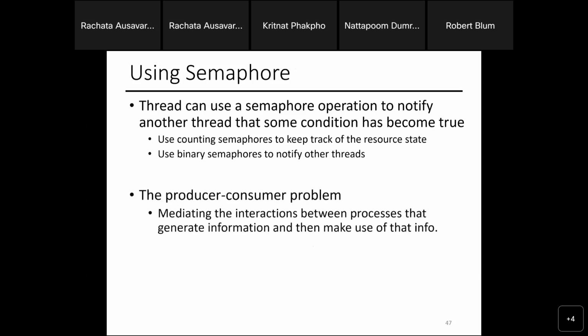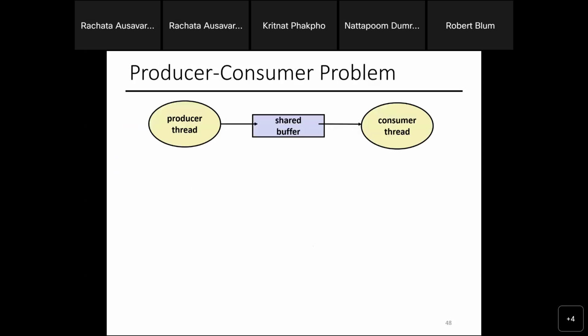So we'll use the producer-consumer problem to motivate why you might want to use a semaphore in some cases. Think of it this way. I have a shared buffer between 2 threads. The first thread produces the output. I need to put it in the buffer so that the consumer thread takes it.